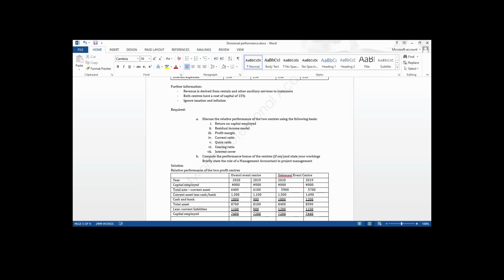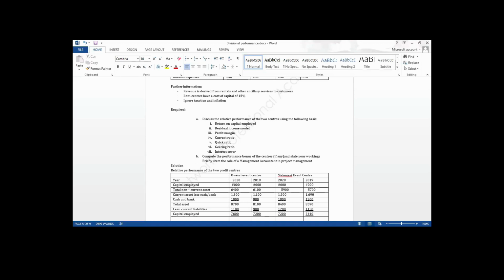Now look at this. We want to use financial ratios to assess the performance of two centers, two divisions, one in Owerri, the other in Isekunisi. The examiner now says use return on capital employed.